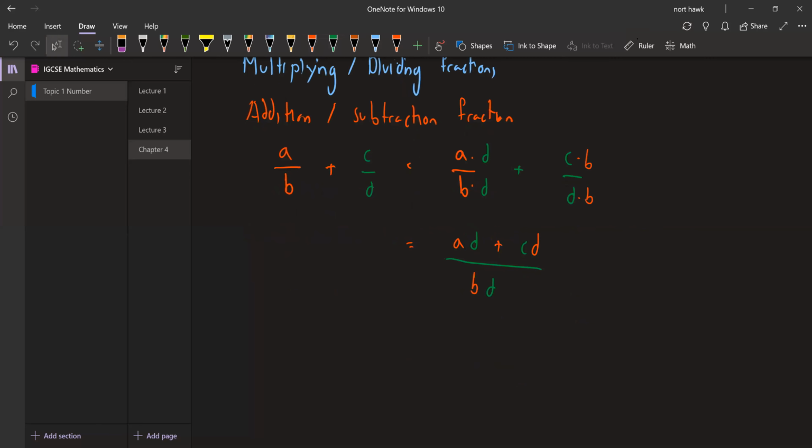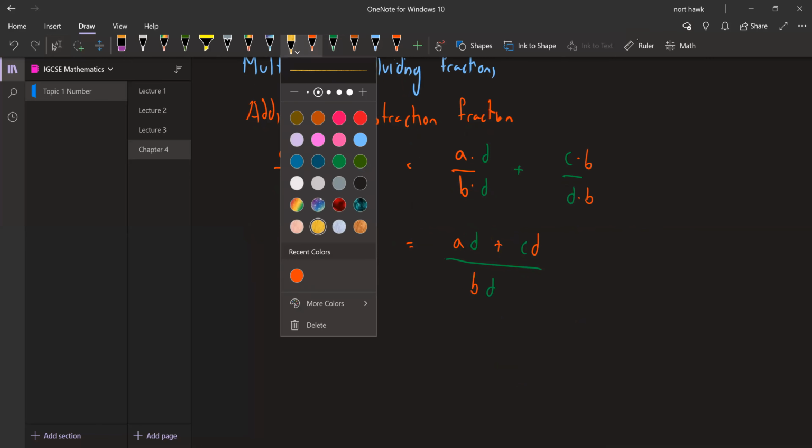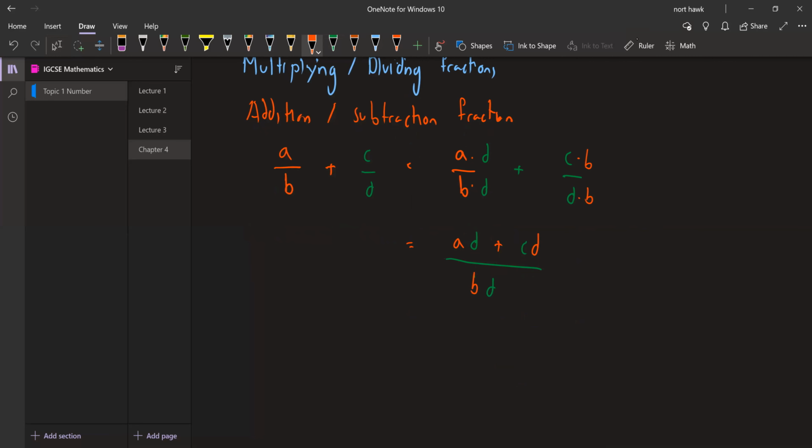And the explanation for it is this. Let's say, for example, you have 2 over 3 plus 4 over 5.